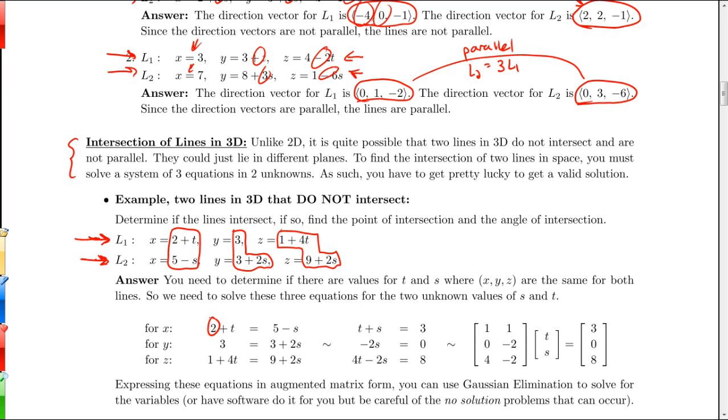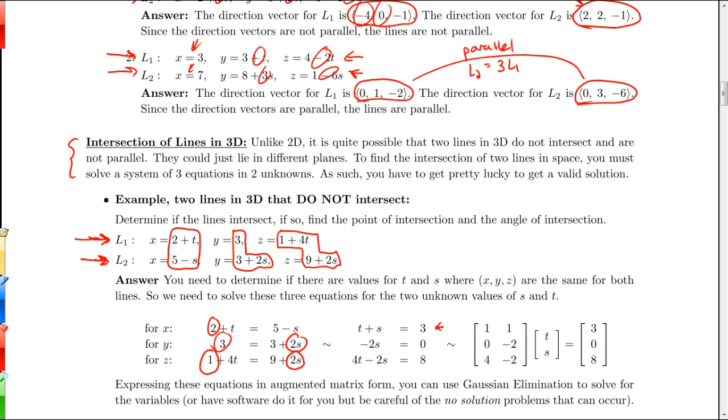I'm going to take this 2 and add negative 2 to both sides. Then I'll have t plus s equals 3. And then for the second equation, I'll subtract 2s from both sides, and I'll subtract 3 from both sides, and that'll give me this equation. And then here, I'll subtract 2s from both sides, and I'll subtract 1 from both sides, and I get this equation. Right? So I have 3 equations that I can set up in matrix form now.